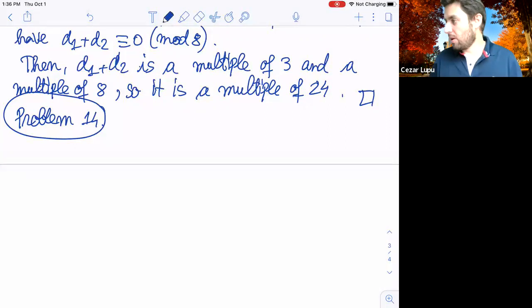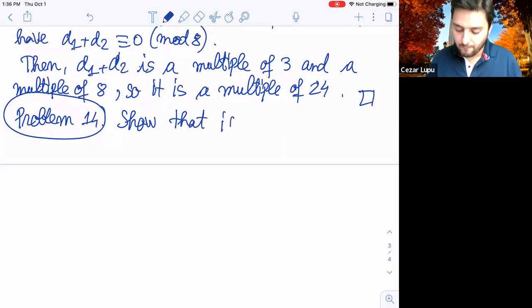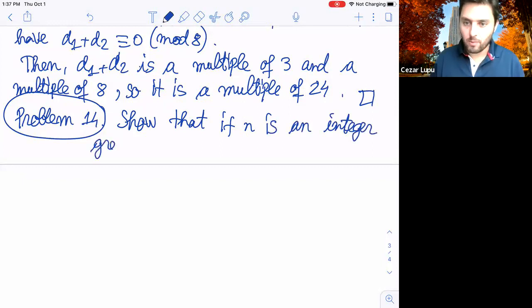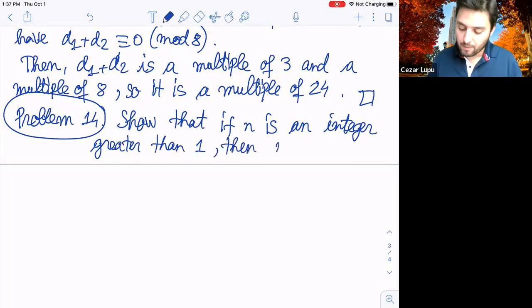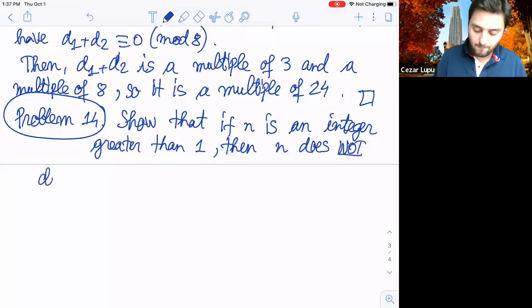Problem 14 says the following: show that if n is an integer greater than 1, then n does not divide 2 to the power n minus 1.